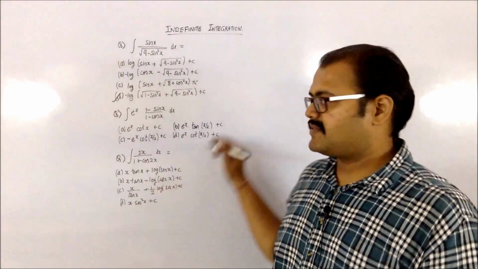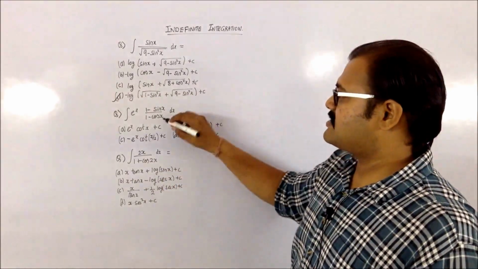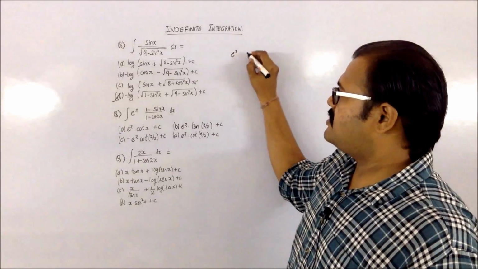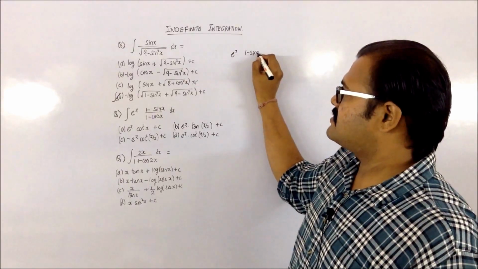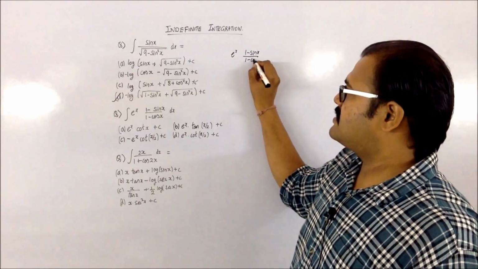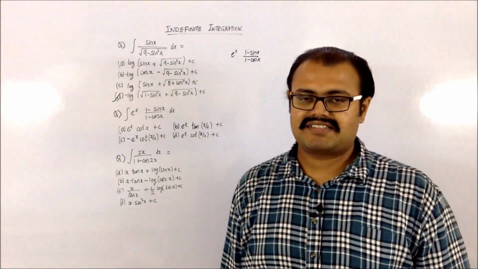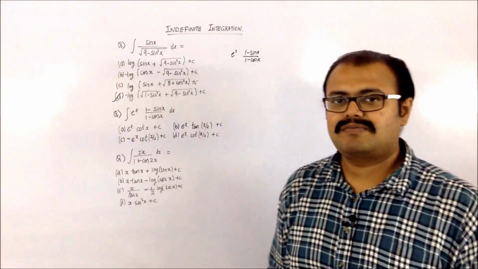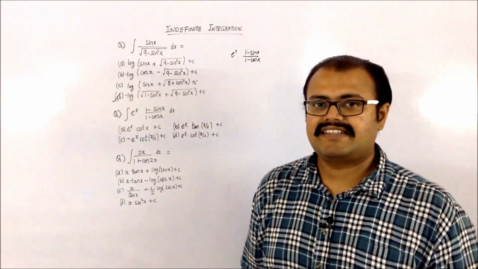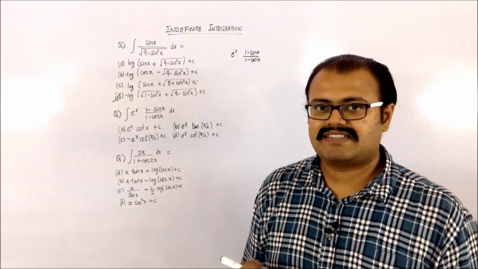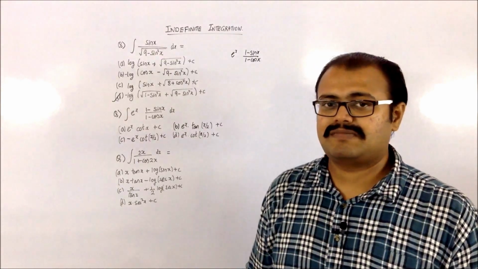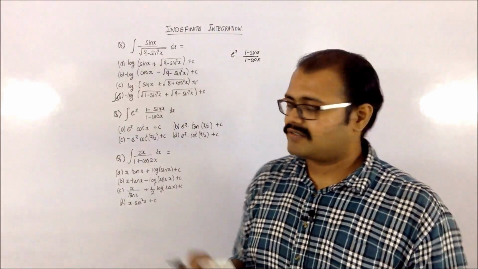Moving on to the next one, you have e raised to x into (1 minus sin x) divided by (1 minus cos x). Whenever you have e raised to x, you have to try to bring it in the form of e raised to x into (f of x plus f dash of x) if it is possible. Otherwise don't try to do it.